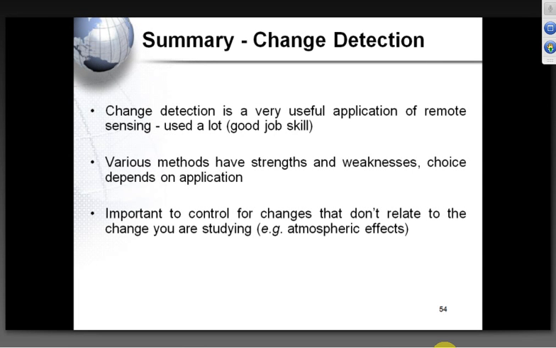Change detection is a very useful application of remote sensing. We have studied various change detection methods. Some have strengths, some are good, some are not that much up to the mark. But the choice of a particular method depends on the application.